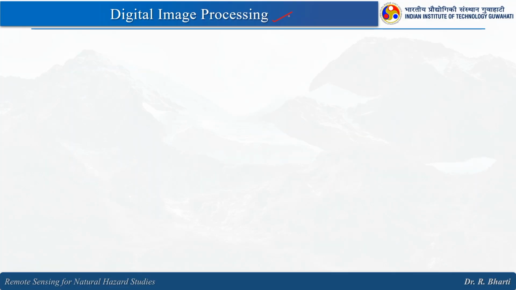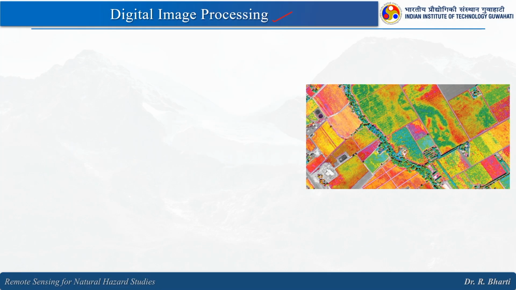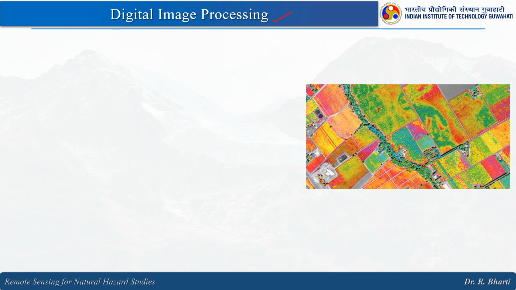So, digital image processing. Digital image processing means the images that we acquire from the remote sensing sensors, that is basically reflected or emitted values, right. So, those are associated with the pixels. You can see here, these pixels are nothing but an array of digital numbers.